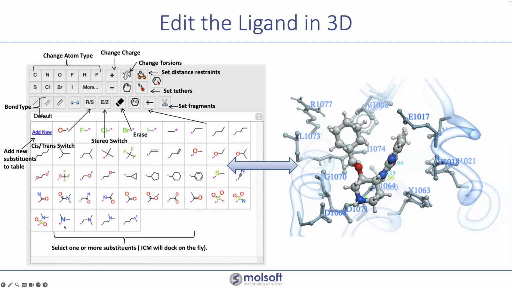And then we have this small selection of substituents that you can dock on the fly. You can add new substituents to this, or you can screen our larger database of more than 64,000 substituents on the fly on your structure, but we'll show that in a bit.